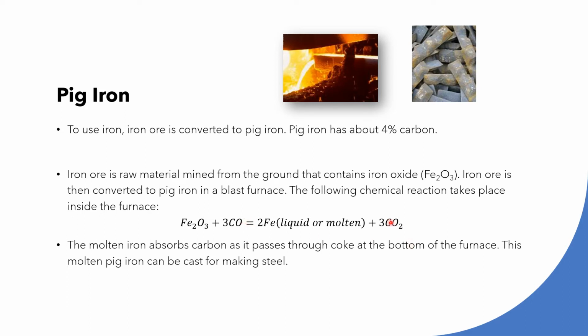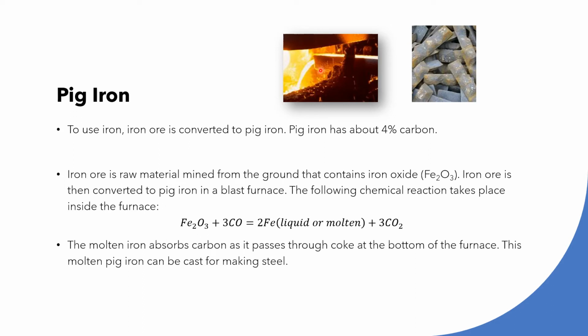Carbon monoxide is going to go out in the form of carbon dioxide, and this is very obnoxious for you. If you breathe it for so long, you die. So that carbon, here is your molten iron.